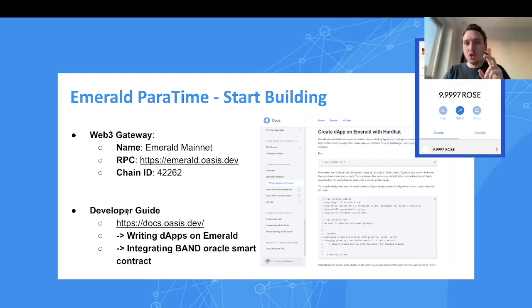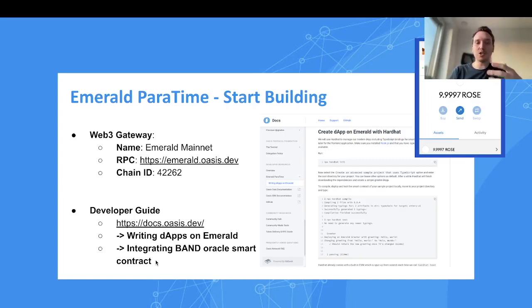You will find 2 more very useful guides. One is writing dApps on Emerald. I will cover a portion of that, just to give you a taste of how easy it is to start with Truffle.